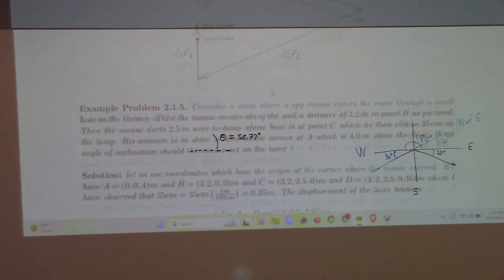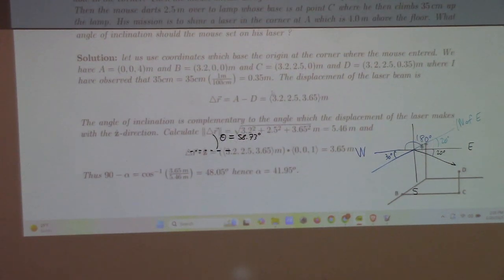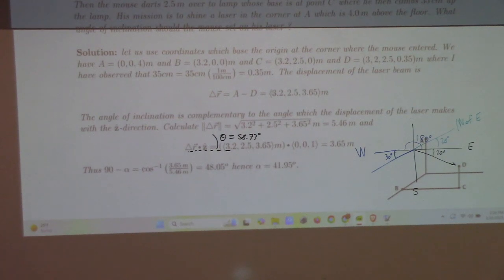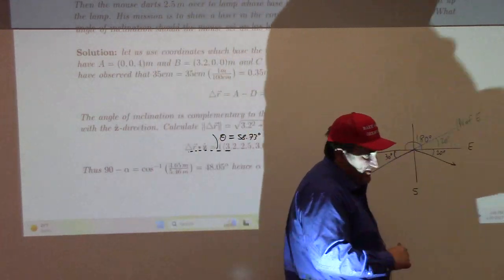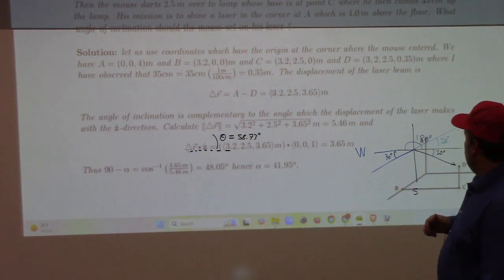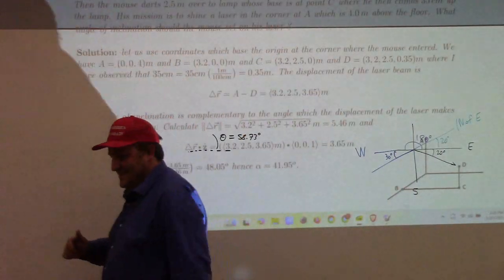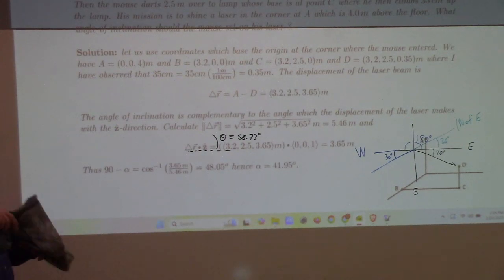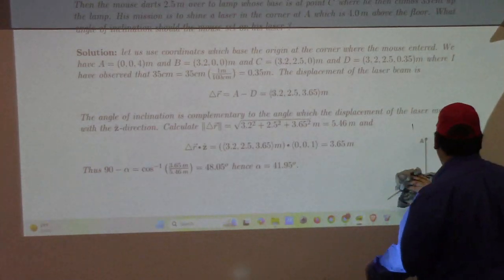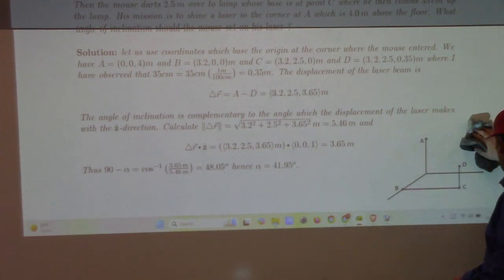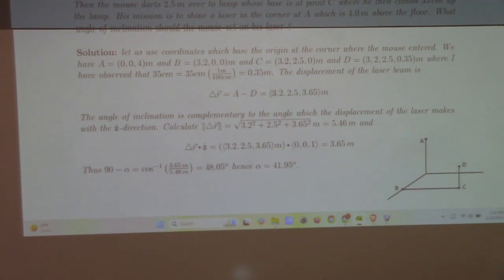This here, I would encourage you guys to read this example. It's a nice example. All right. So here I have a room with a spy mouse that enters the room through a small hole in the corner.